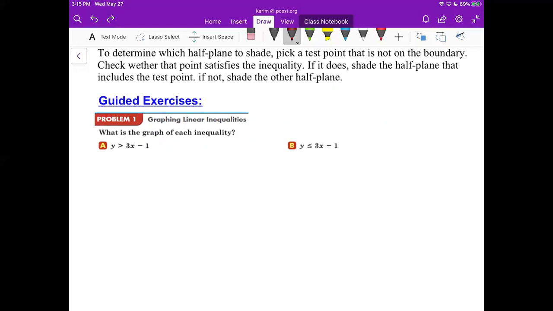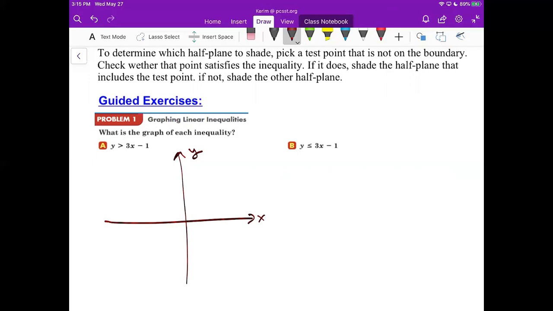I'm going to do one with paper and pencil, just one, okay, but mostly I'm going to use the graphing calculator. So let's say this is my coordinate plane, with the x-axis and the y-axis. If I would like to graph y greater than 3x minus 1, I'm going to use slope-intercept form.